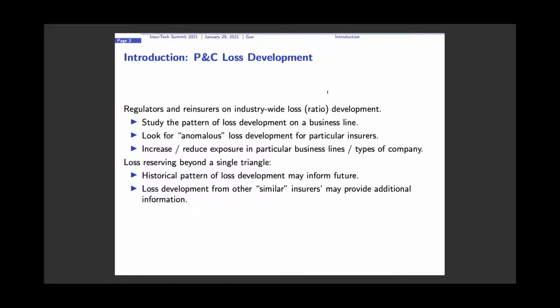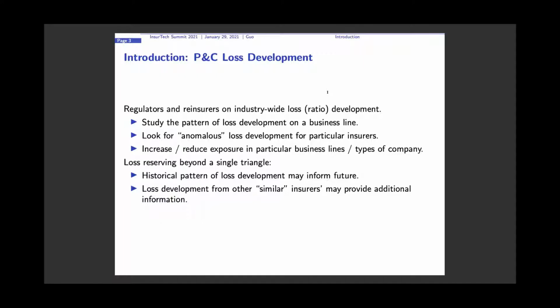I think Ron and Mark have given a really extensive introduction on that. Our focus here is that we have a bunch of triangles, namely industry-wide, across many years and across many companies as well.